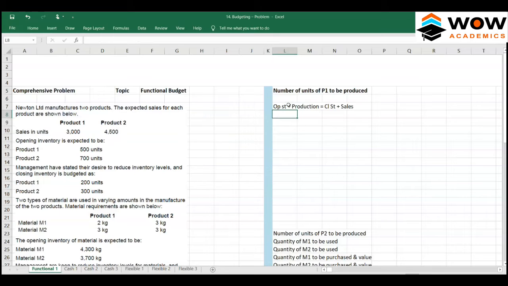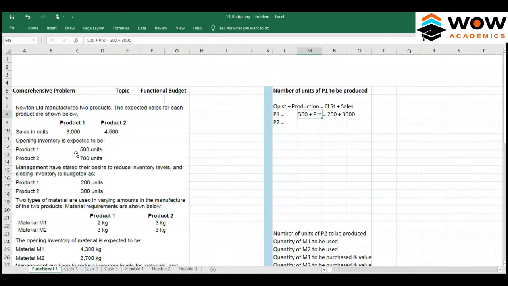We have to get this for two products, P1 and P2. For P1, opening stock is 500 units plus production, which is the number we want to know, equals closing stock for P1, which is 200, plus sales, which we are expecting to be 3000 units.